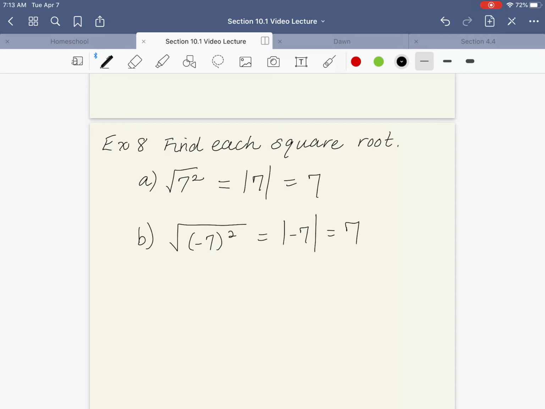So it's still going to be 7. All right, so whenever you take the square root of a square, it basically just cancels itself out. But since I have this negative 7 in parentheses, I take the absolute value of negative 7, and it still comes out to be a positive 7.